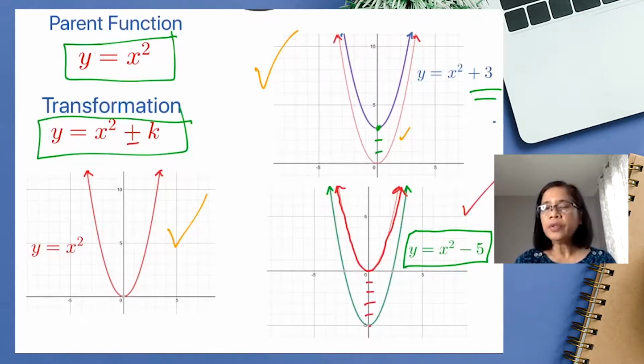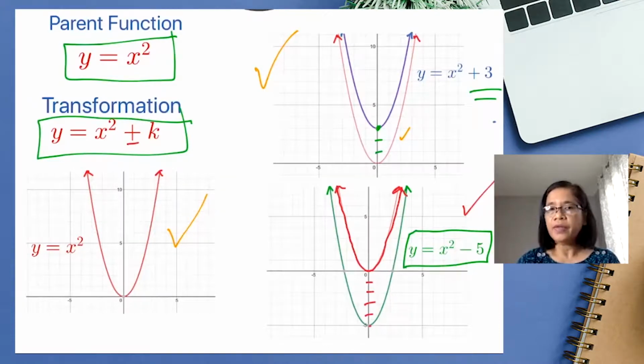So take note, if the value of k is changed, plus or minus, any value, then the effect is a vertical shift. Plus k means k units up, minus k means k units down.